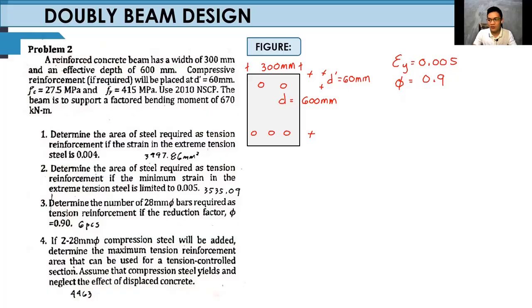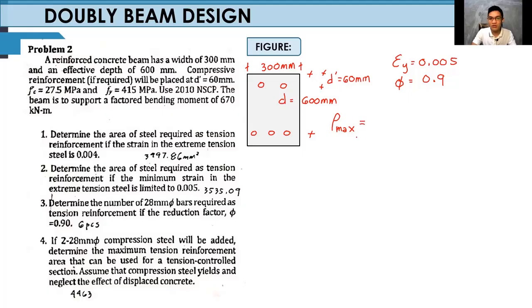Ayan. So, therefore, ang gagawin natin dito is kunin natin yung ating rho max pa din, no? Let us start by getting our rho maximum. Kasi sabi dito, extreme tension steel, ayan, is 0.005. So, alam din natin pag 0.005 yung ating tawag dyan, strain ng steel, maximum din yung rho na gagamitin natin because this is our maximum na strain, 'di ba, na kailangan or na ma-withstand ng ating beam.